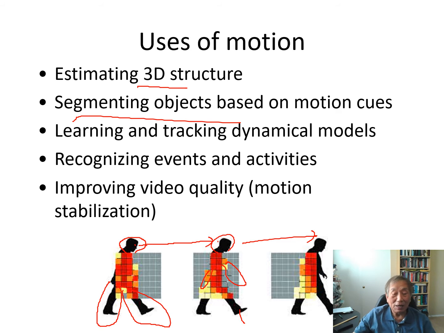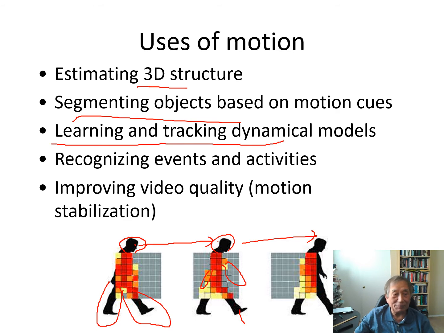Anyway, we perceive the segments: this belongs to the head, this belongs to the leg, this belongs to the body, by motion itself. And to do that, we need tracking and optical flow, to find it out, and learning a tracking dynamic model.